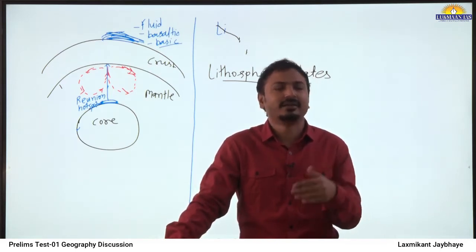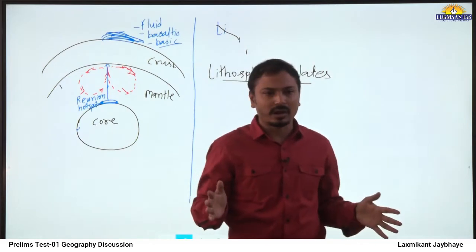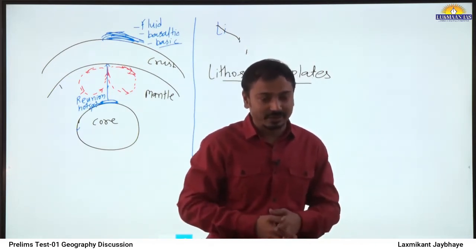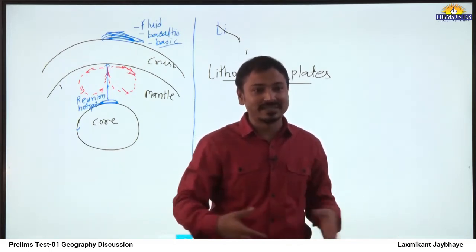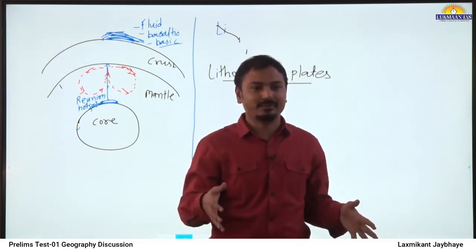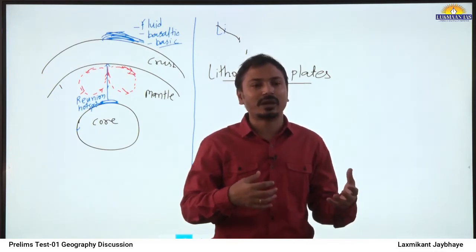So after that there was Pangea formation, Pangea 1 formation, then it broke away again 250 million years ago. That Pangea came together and formed Pangea 2, and then again it broke before 200 million years ago. Gondwana land, Laurasia and Gondwana land formed.